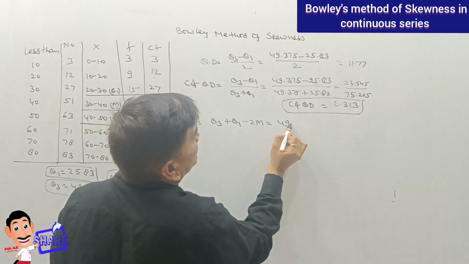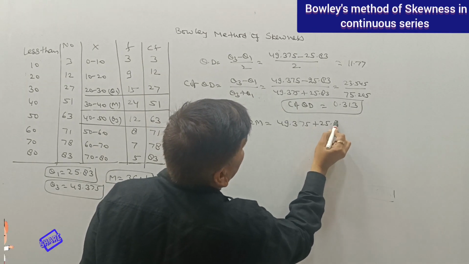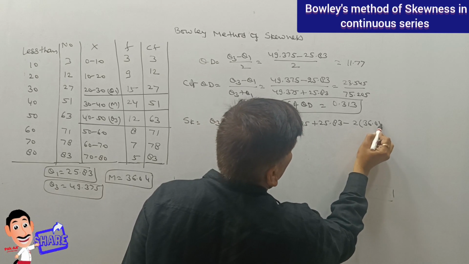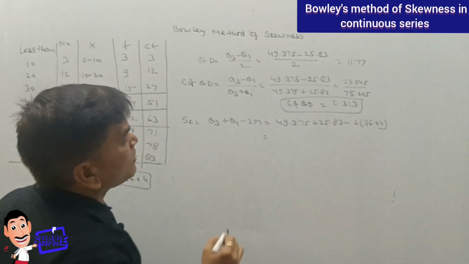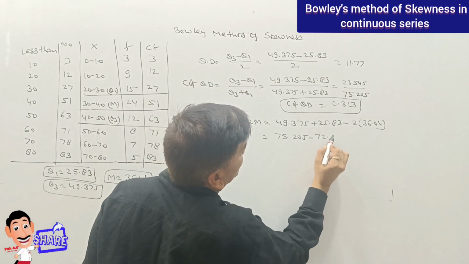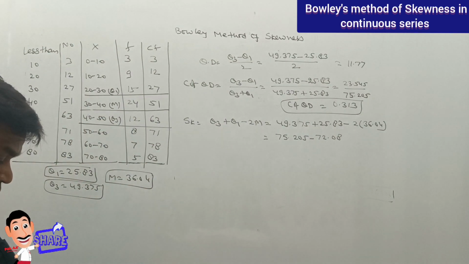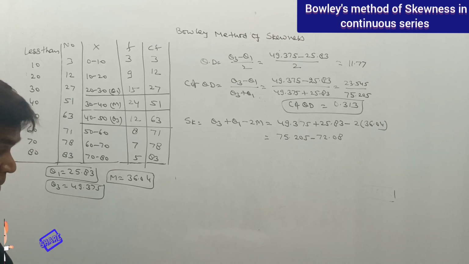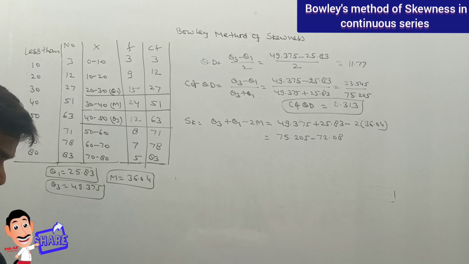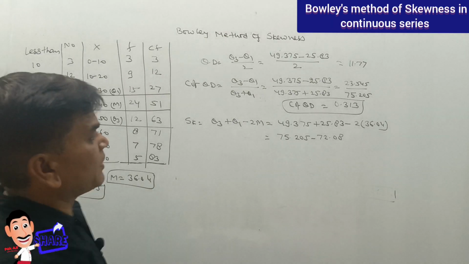So that is 49.375 plus 25.83 minus 2 multiplied by 36.04. The sum is 75.205, already calculated, minus 72.08, so the value is 3.125.